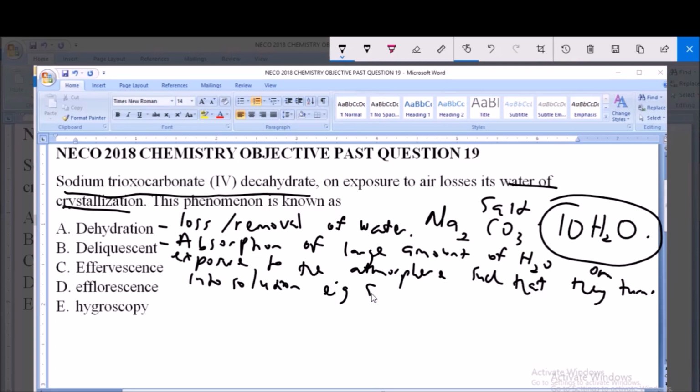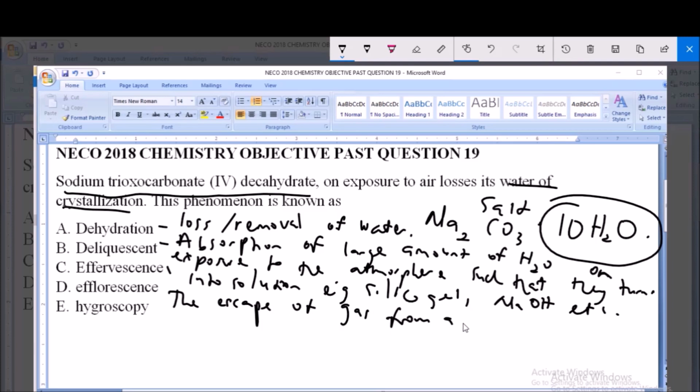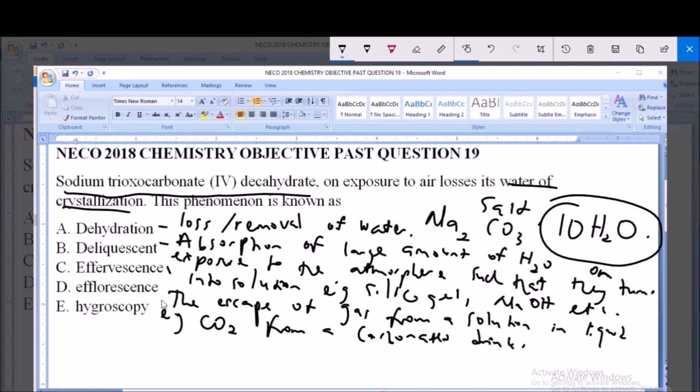An example is seen in sodium hydroxide, etc. Option C, effervescence, refers to the escape of gas from a solution in liquid. A good example is when carbon dioxide bubbles escape from a carbonated drink. So that is effervescence.